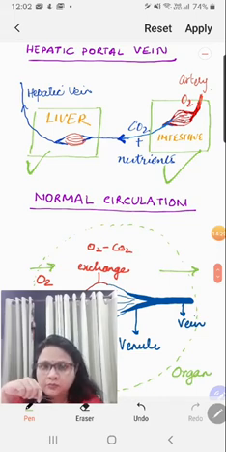Right. So the blood vessel which is exiting the intestine is having carbon dioxide but also loaded with nutrients. You have to fix those nutrients up. So it straight away goes to the liver, because the liver is an organ which is basically meant for fixation. Right.